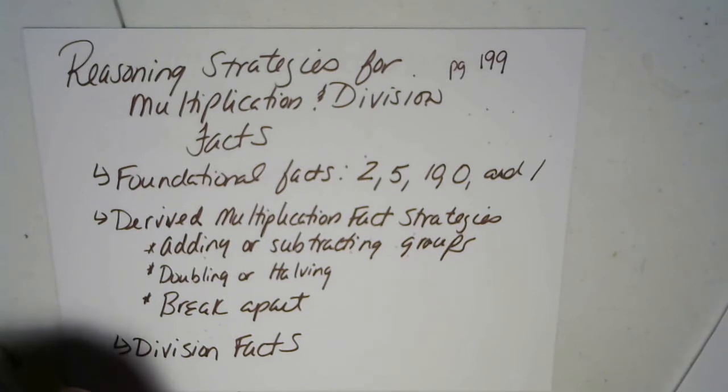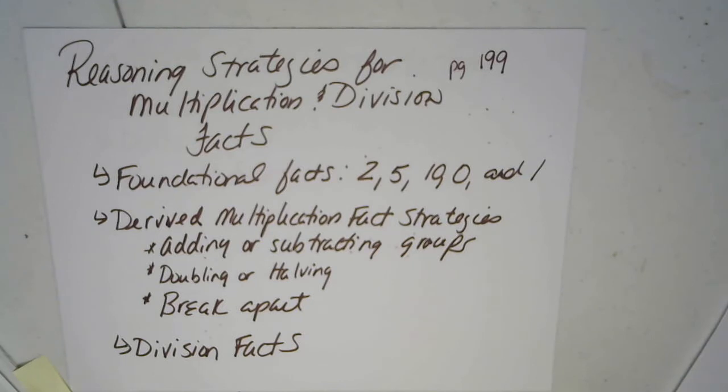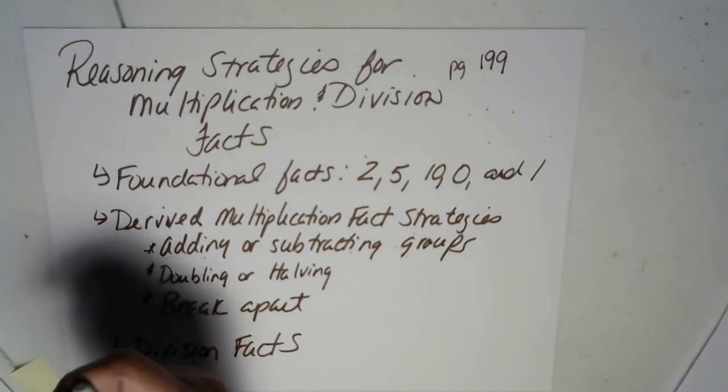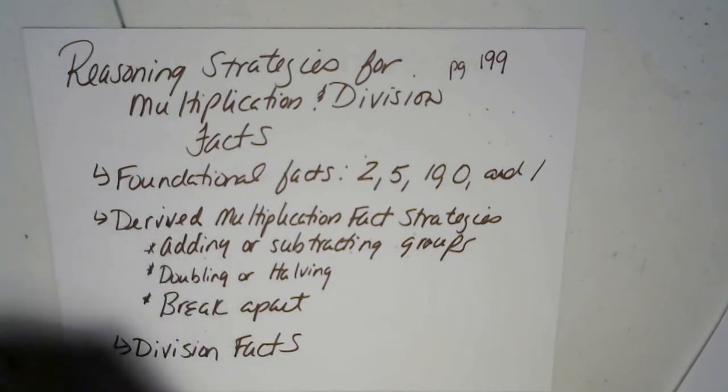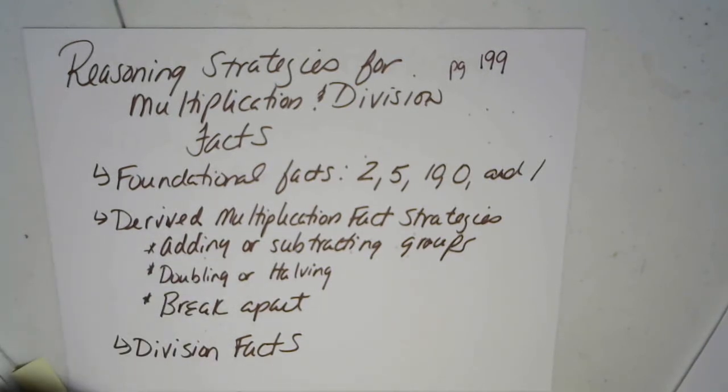All 6 facts can be thought of as something times 5 and 1 more. As described earlier, all 9's can generate as times 10 plus 1 more. You can see an example of this on figure 9.13, which is on page 203.